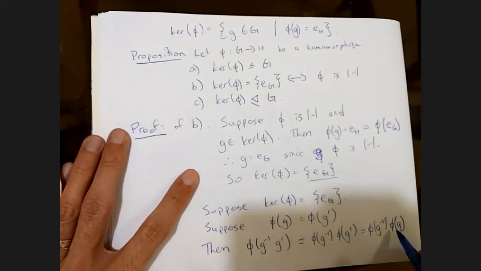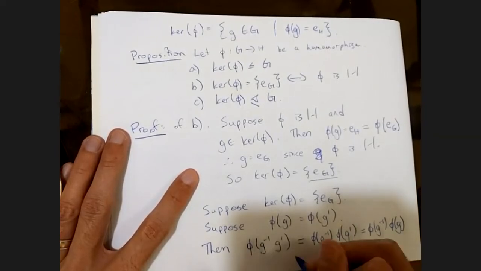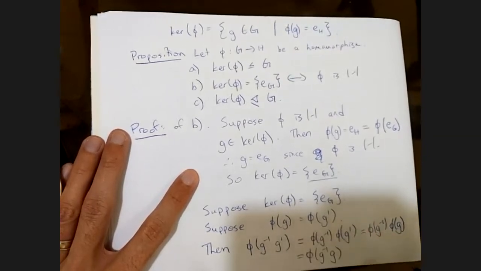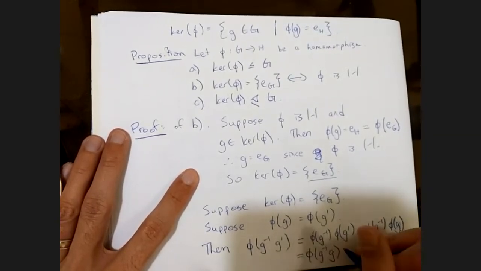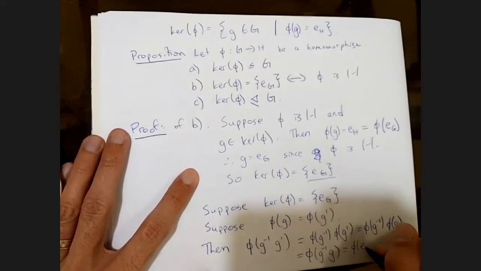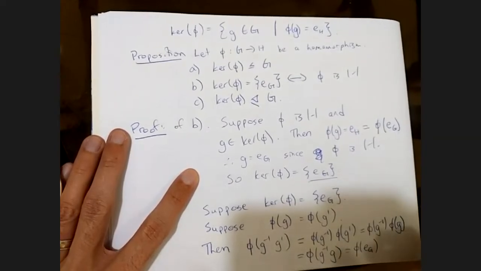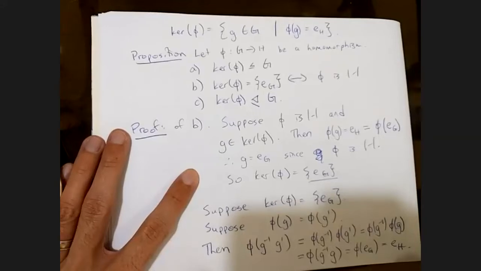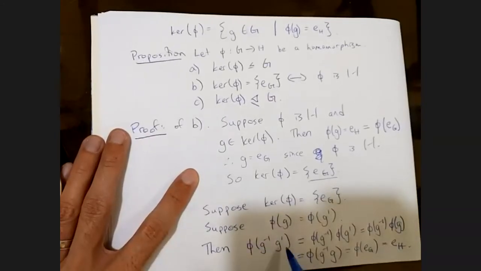Now phi of g inverse times phi of g, that's just phi of g inverse g. g inverse g is just the identity of G. Phi of that is the identity of H. So g inverse g prime is in the kernel of phi.